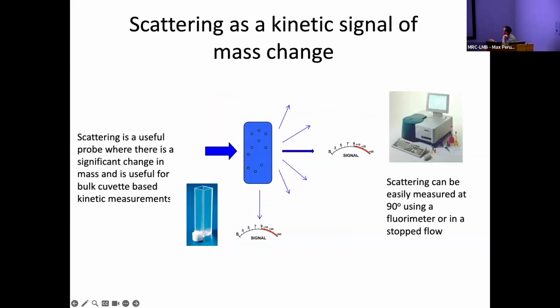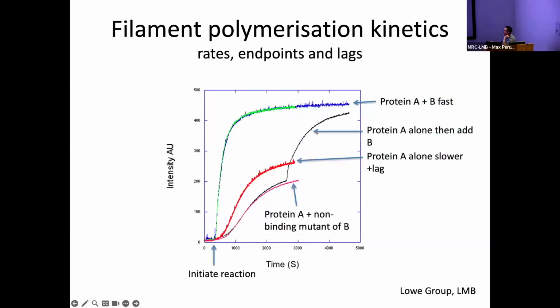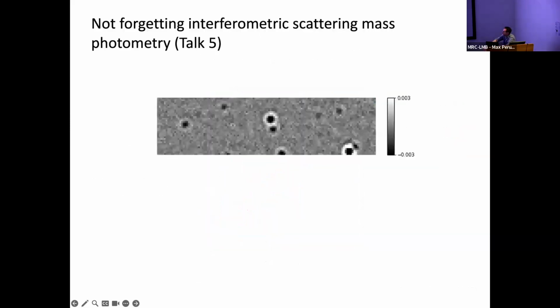So by simply measuring scattering at 90 degrees using a basic fluorimeter, you can get a good kinetic measurement of filament assembly. So sometimes if you're working with proteins that do form filaments, scattering can be a useful technique to use. And obviously don't forget, we talked about in the top 5 is mass photometry. And again, that's based on scattering and interference.